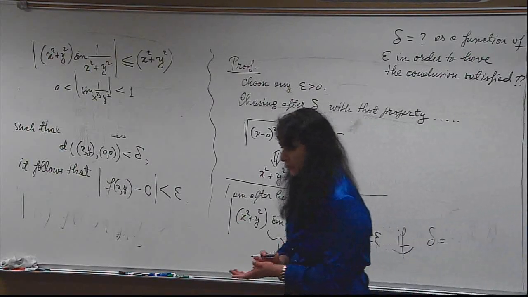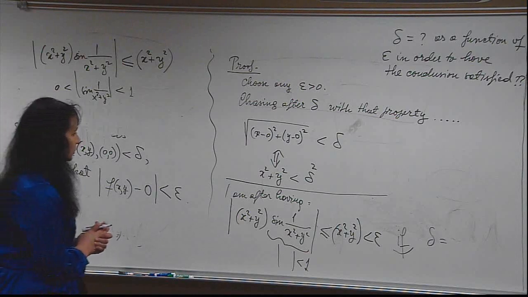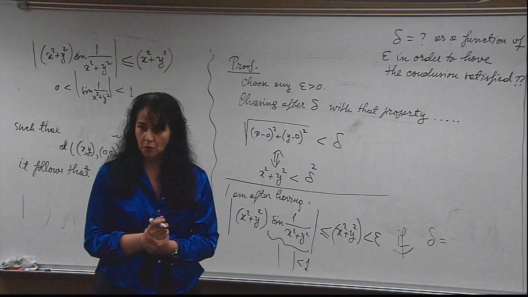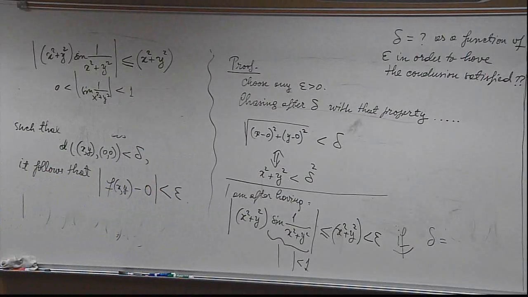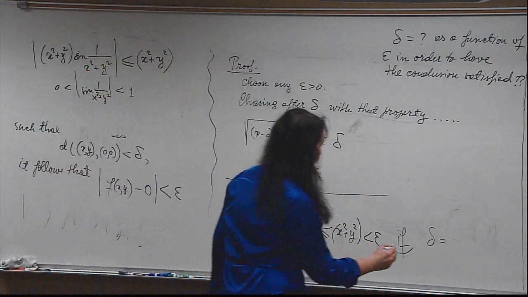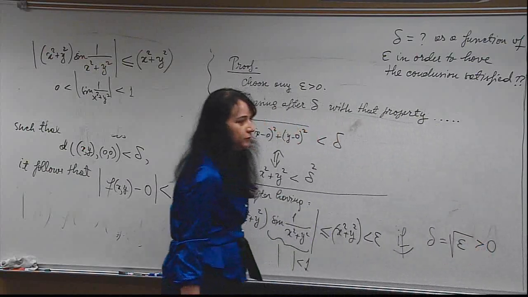So again, Alexander said, well, if I take delta to be epsilon, I'm done. How about the square root? Can I take delta to be the square root of epsilon? That's what I said. No, you said epsilon. I said square root of epsilon. If delta is the square root of epsilon, then everything will be perfect.